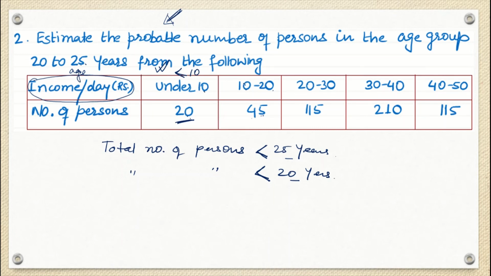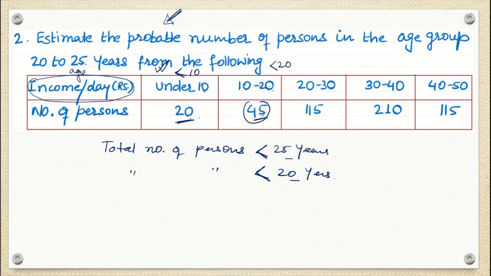Between 10 to 20 means what? That means 45 people are actually between the age group 10 to 20. If I am interested in knowing the total number of persons who are less than 20 years, then I have to write 45 plus 20. Because this 45 is between 10 to 20, but 20 more are there.